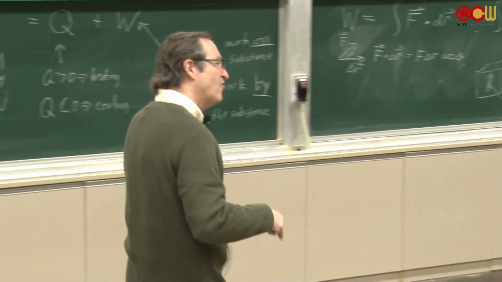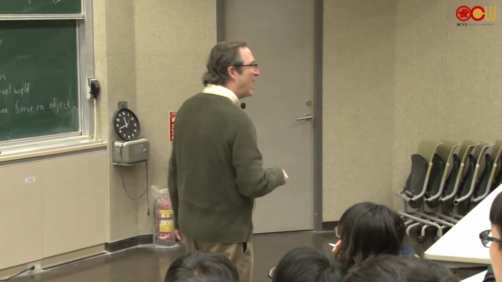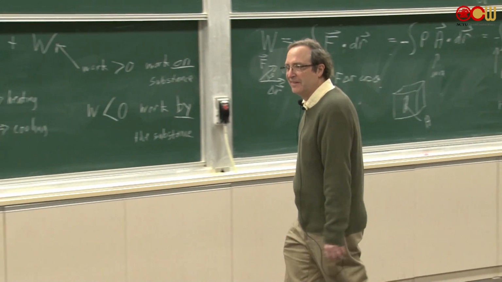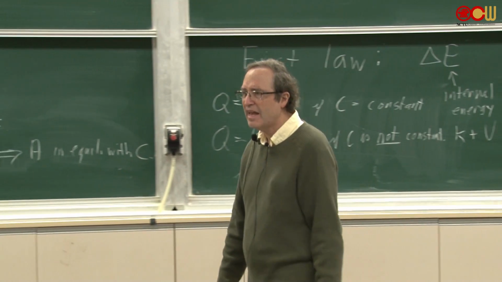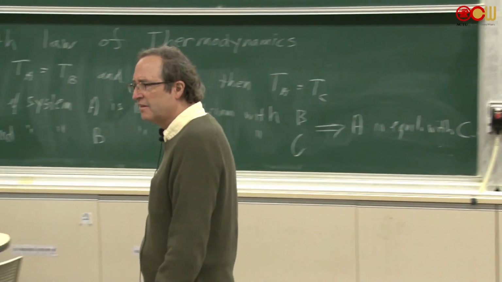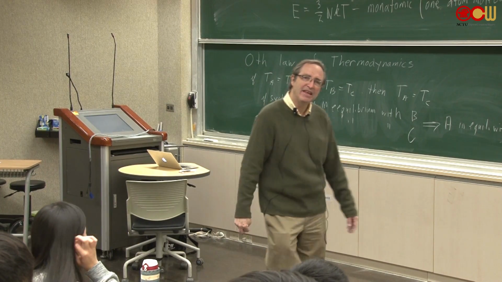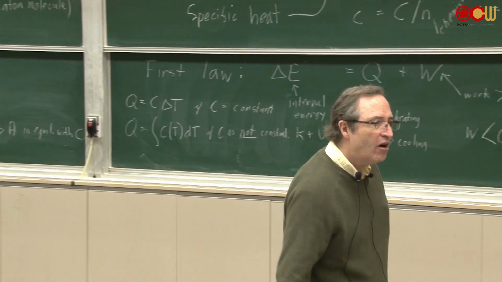So I would get the result, and I would find in my simulations a negative pressure. So I'd simulate a bunch of molecules, and I'd get a negative pressure. And I asked myself, why am I getting a negative pressure? That can't be. That's not real. What is going on?